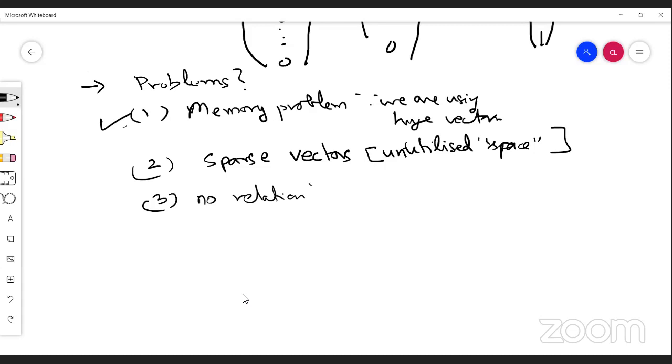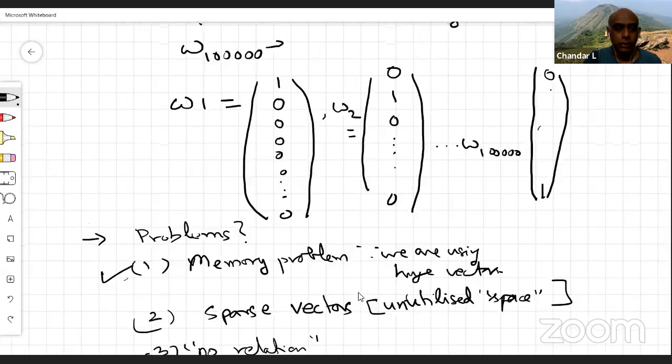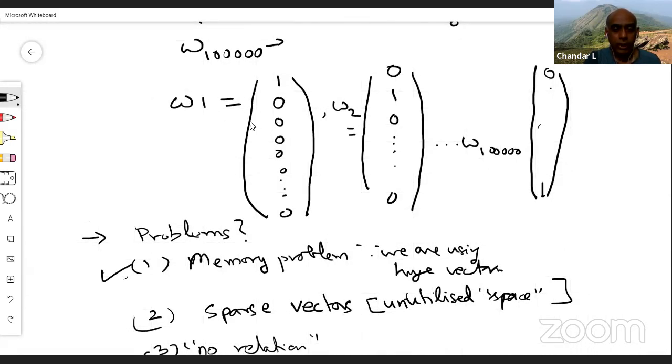Yes, relationship. What it means, just for the sake of everyone else, is let us say we have very closely related words. For example, I would think of pros and cons. Pros and cons are two words which always come together.